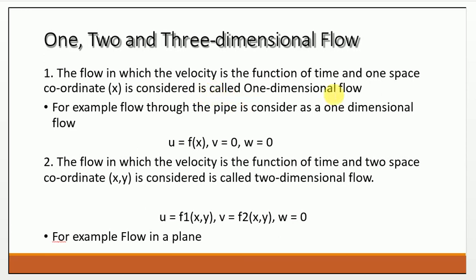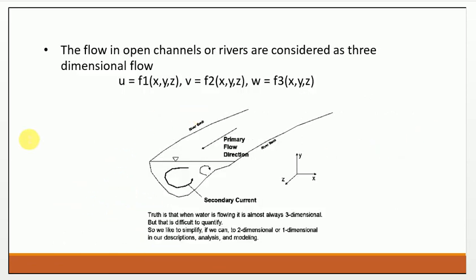So the change in velocity is a function of only one direction. Two-dimensional flow considers two coordinates, x and y, and three-dimensional flow considers x, y and z.